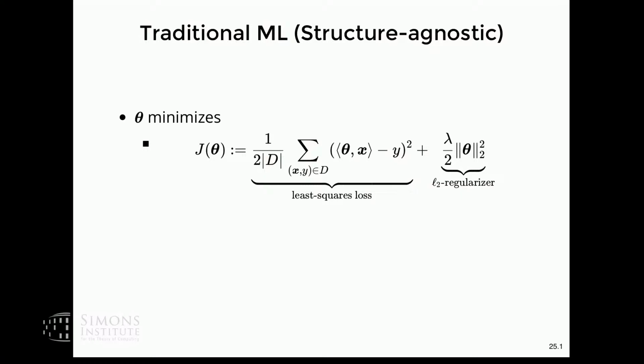This term captures the least squares loss, the error in our prediction versus the true values that we are trying to predict. And over here, we have another term that penalizes large thetas, so that it can reduce overfitting. So this is what a typical objective function for linear regression with least squares and an L2 regularizer looks like.